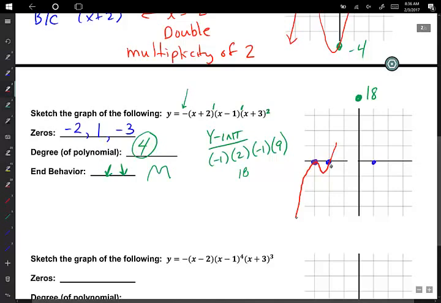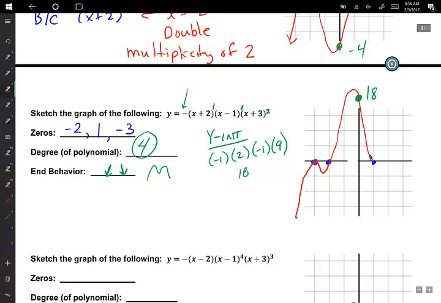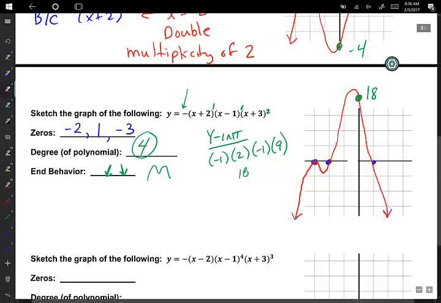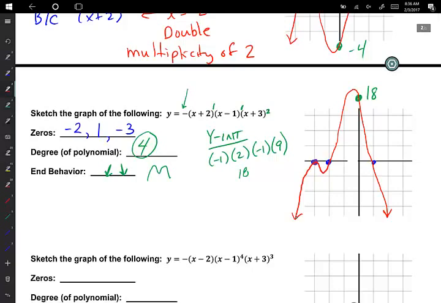Looking at this one between -2 and 1, the splitting point is about right here, so I've got to get up and over before I come back down to the 18. Something like that. The height of your bump above the 18 is undetermined. The depth of your valley between -2 and -3 is also undetermined.